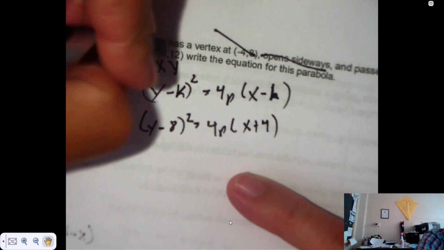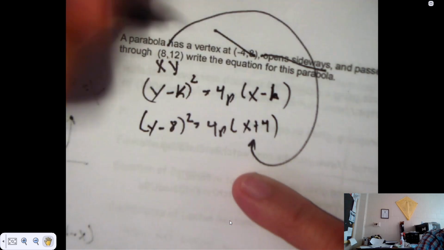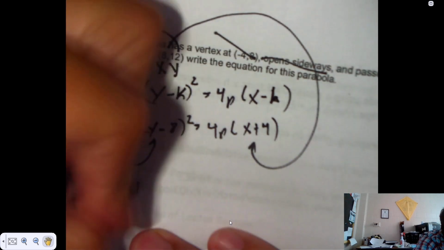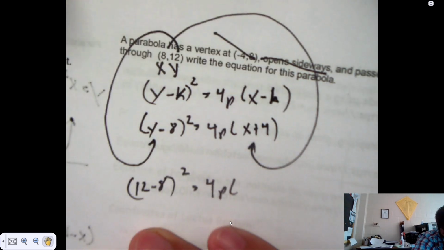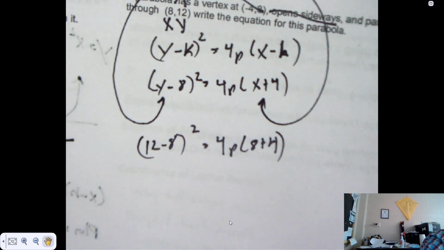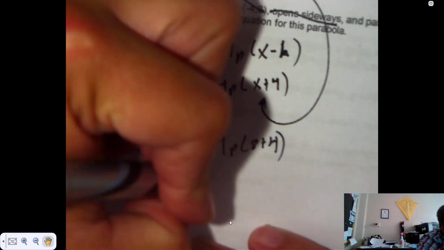So we'll put an 8 right there. Put 12 right there. We'll do a little math. 12 minus 8 is what? Let's go with 4. 4 squared is? 8 plus 4 is?